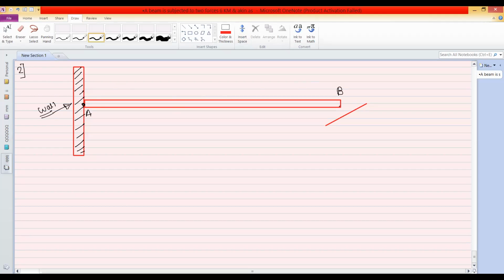At point B, there is a roller support, and this roller support is mounted on the inclined surface. This inclined surface has an inclination with respect to horizontal of 30 degree.